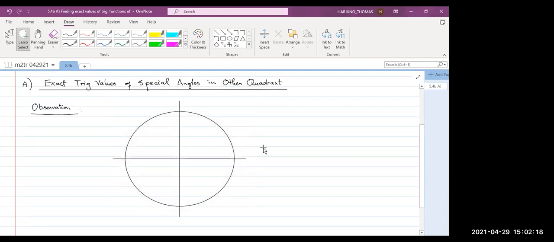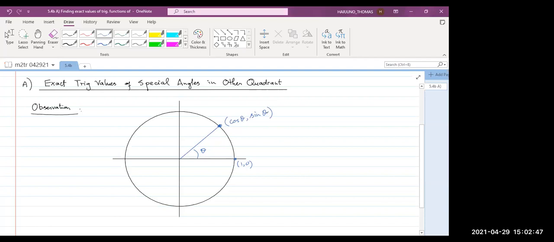And we have seen that from that unit circle, suppose I have a central angle, the angle in standard position, theta. Then the coordinate here must be cosine theta, sine theta. Now that's what we learned before.